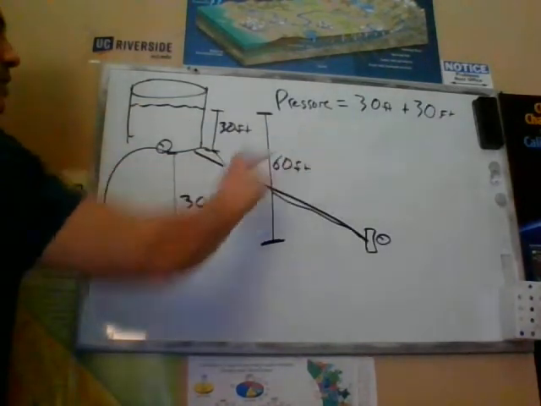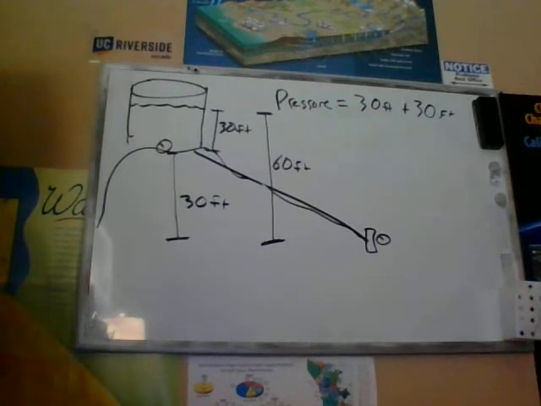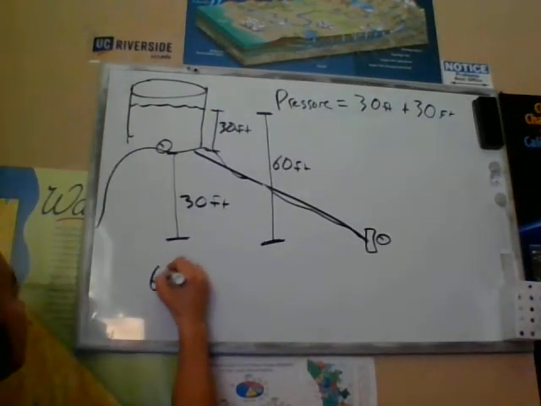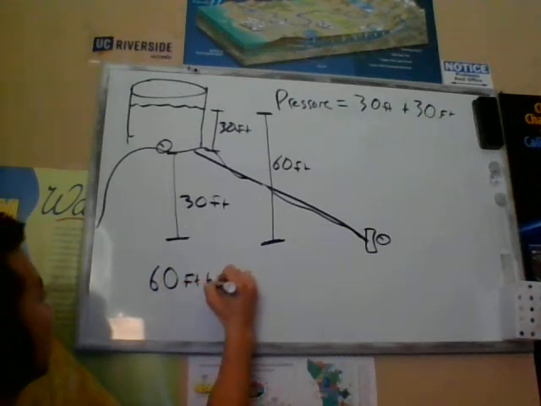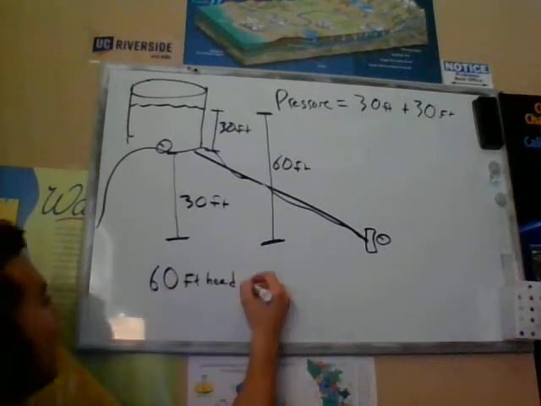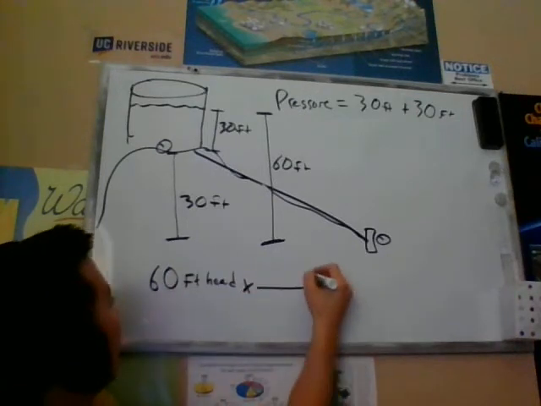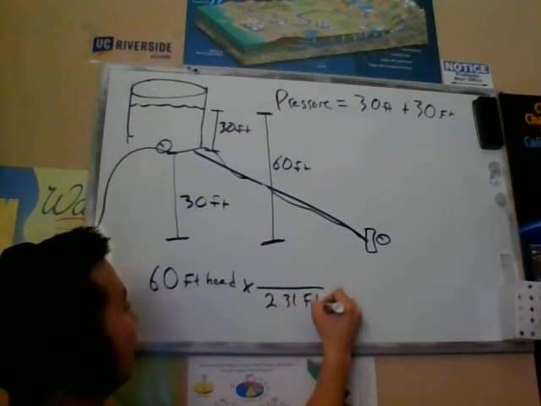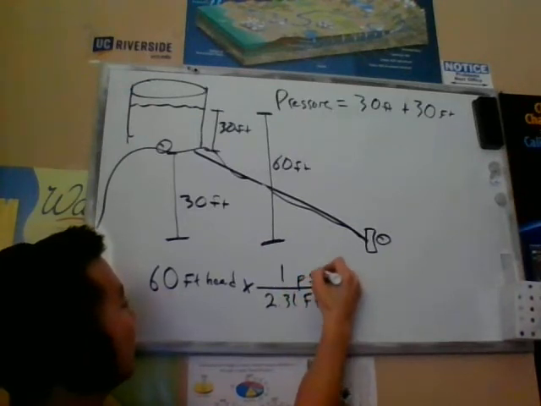Now when it comes time to figure out this pressure, I can look at this 60 feet of head. That's my total head. And in order to convert that to PSI, I'm going to need to divide that by 2.31 feet of head for every 1 PSI.